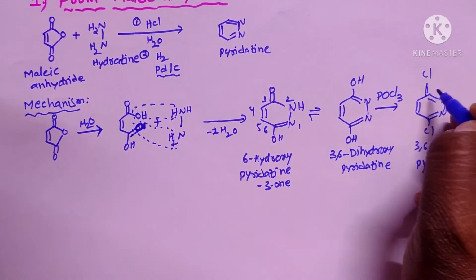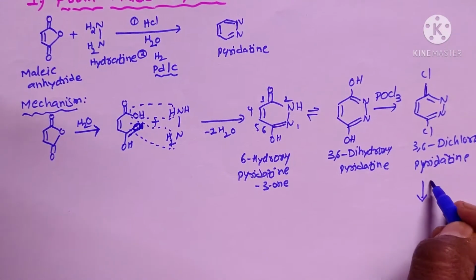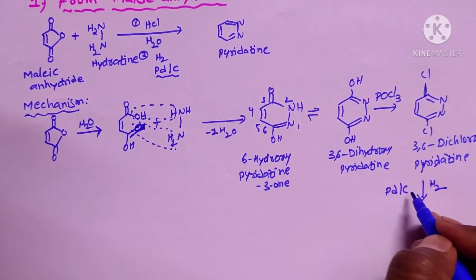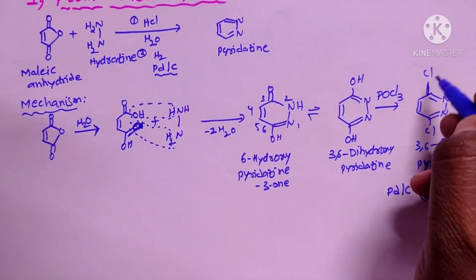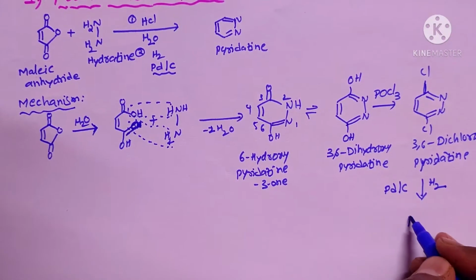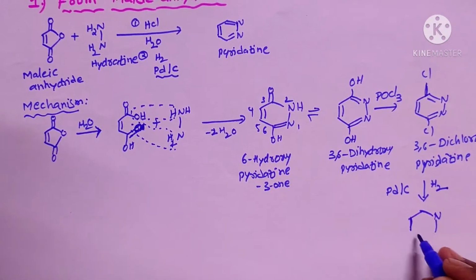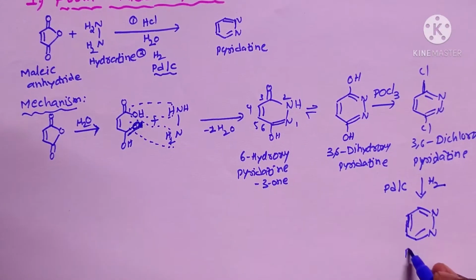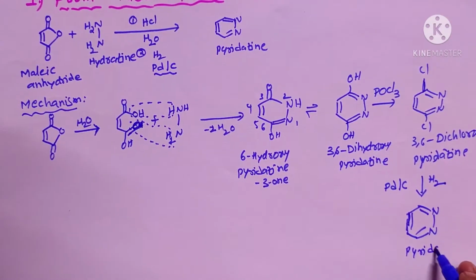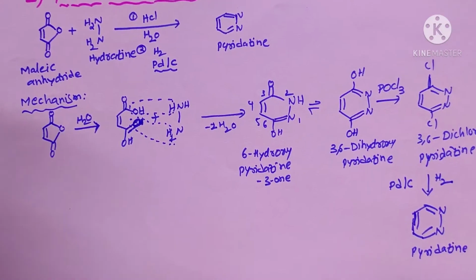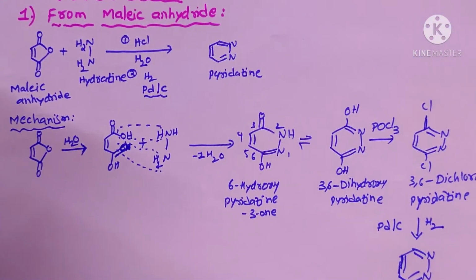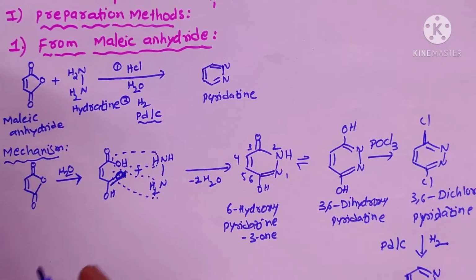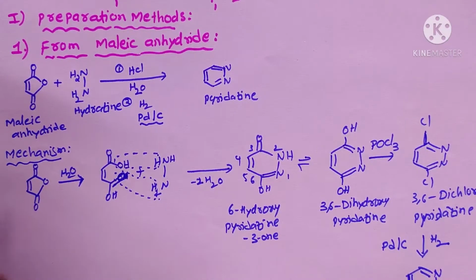And look at this, on dechlorination with hydrogen gas in the presence of palladized carbon, it loses the chlorine atoms, and we get the pyridazine compound. So look at this, this is pyridazine. So this is the preparation of pyridazine by using maleic anhydride. The two main components are maleic anhydride and hydrazine.